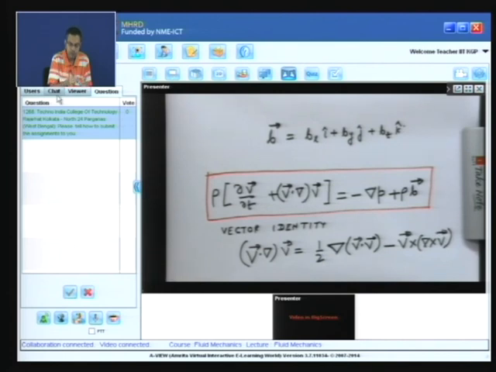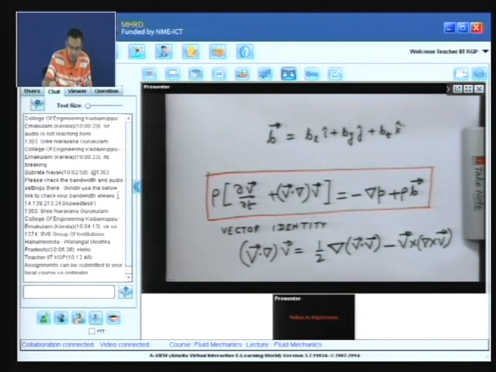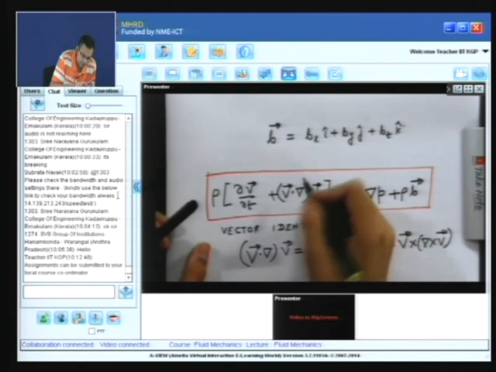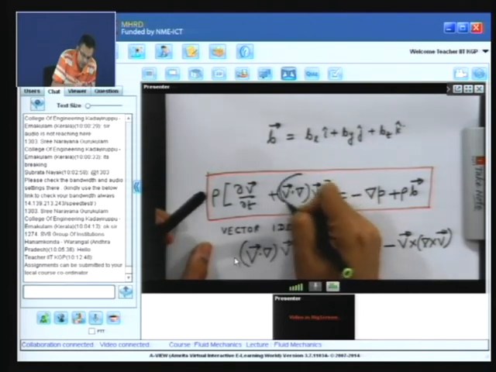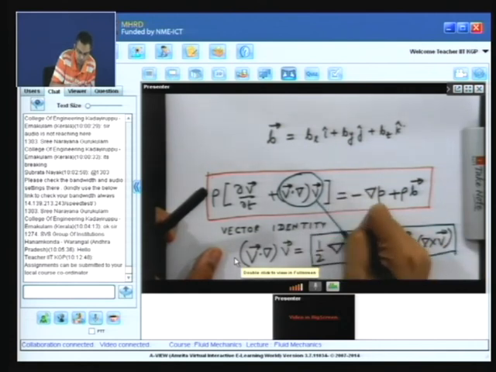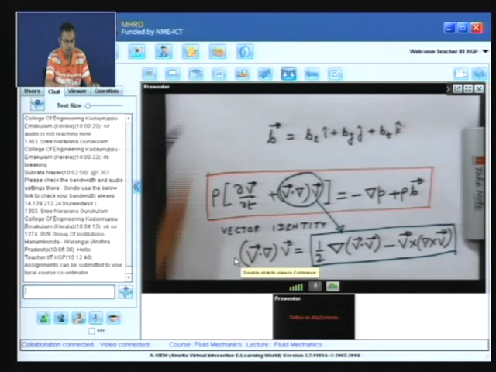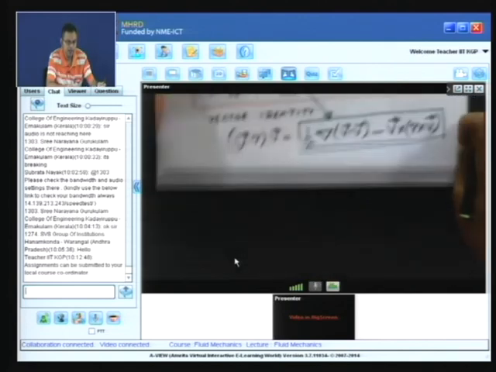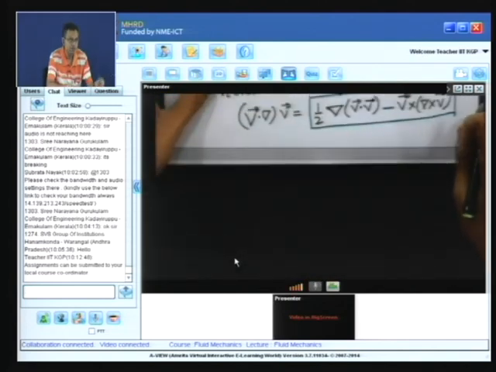So, in place of V dot del V, we will be writing this expression. We will move on to the next page.